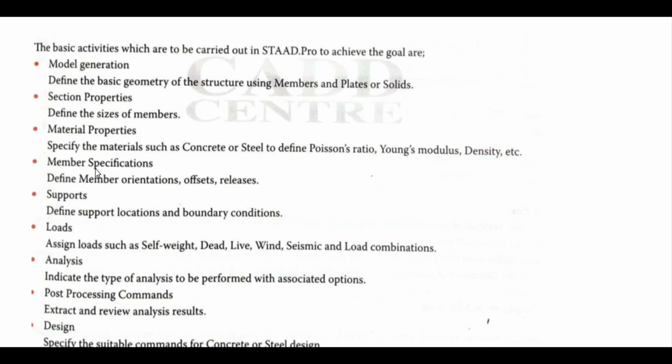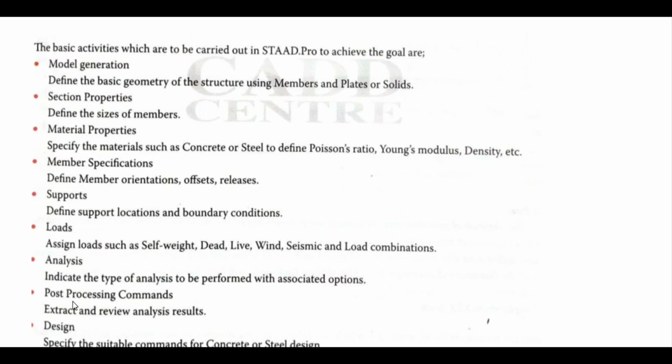Then there are some member specifications to be done that are member orientations, offsets, releases that we will learn in coming videos. Supports, different kinds of supports are to be created, support conditions are to be defined. Then, of course, loading. Then we do analysis. Then, after analysis, you have to visualize those results, and that is done in post processing.